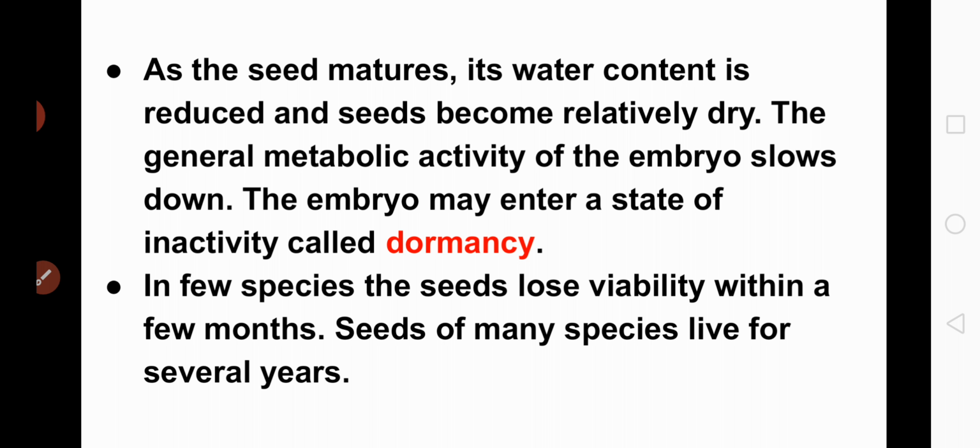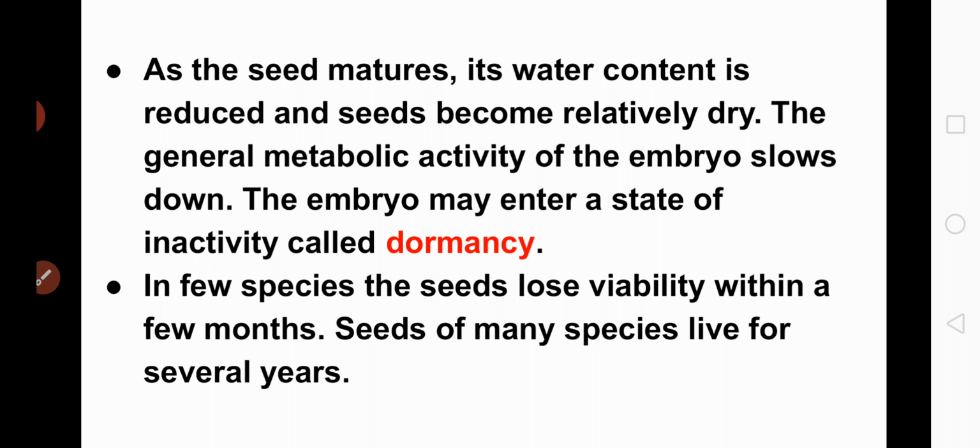So dormancy is the inactive state of the seed, or the inactive state of the embryo.